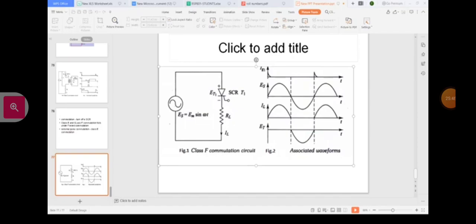We know that any sinusoidal waveform has a positive half cycle as well as a negative half cycle. During the negative half cycle the SCR will turn off, and during the positive half cycle the SCR will be turned on, or you can say load current will flow during the positive half cycle.